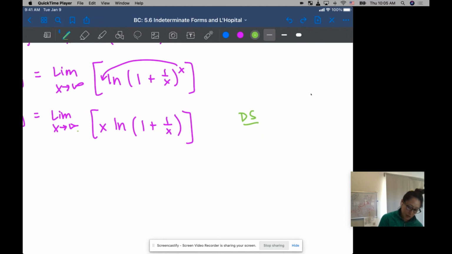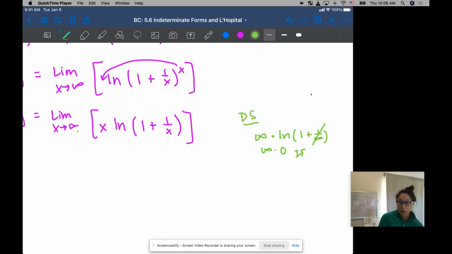I'm going to just plug in, substitute in infinity for x. So I get infinity times the limit of the ln of 1 plus 1 over infinity. That's 0. So the ln of 1 is 0. So this would be infinity times 0, which is an indeterminate form.